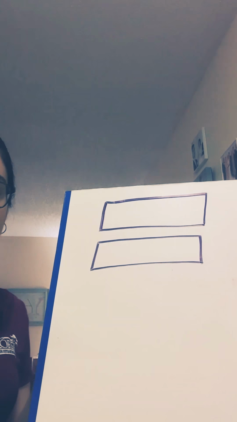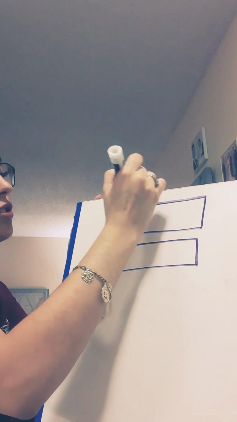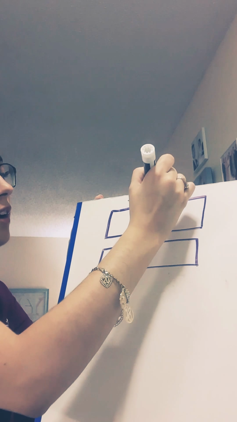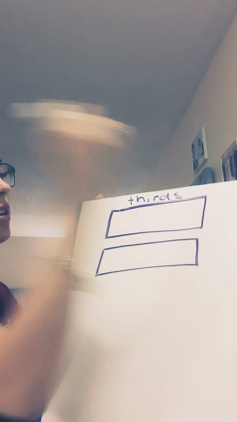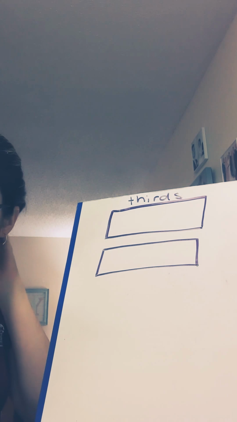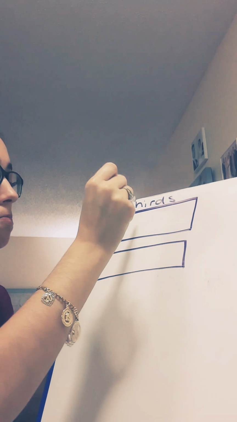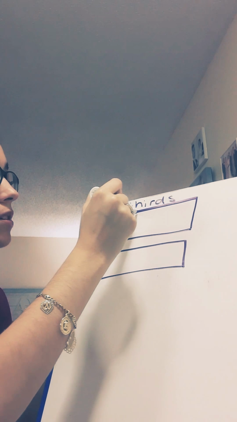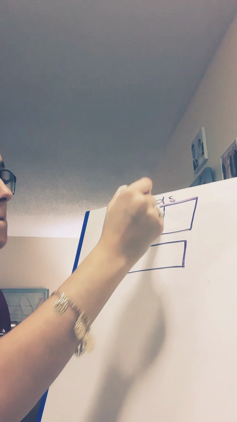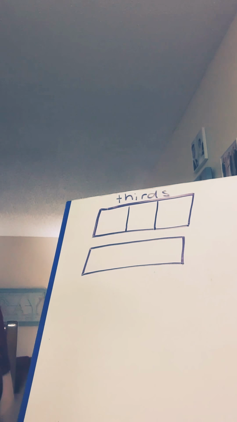Okay, here we go, those two rectangles. Sorry, let me just turn that for you. Okay, now we have to cut them into thirds. I always like writing it up here just so that that's for myself. Cutting it into thirds 2 different ways. So we can do this one like this. That's one way, right?